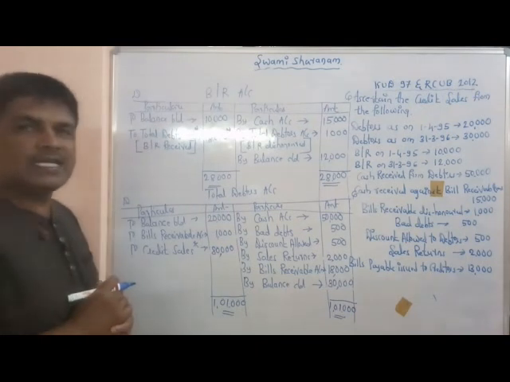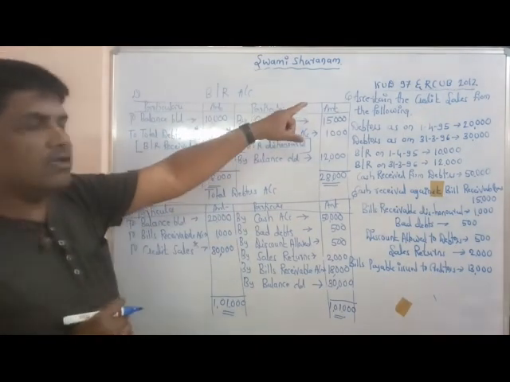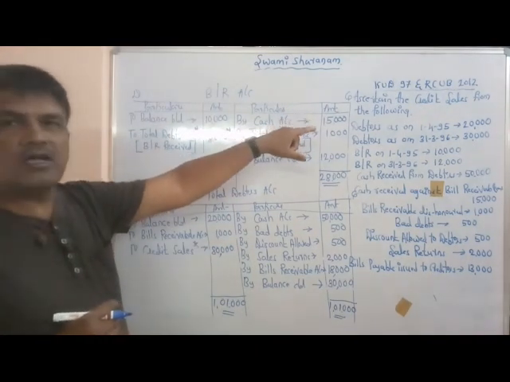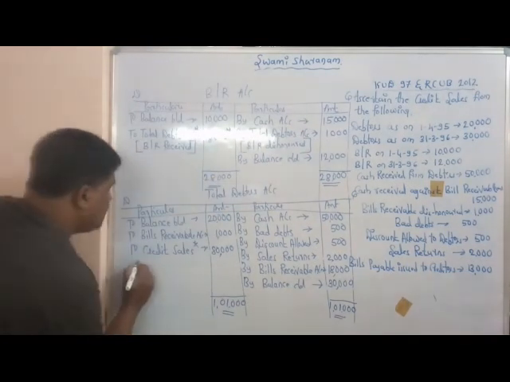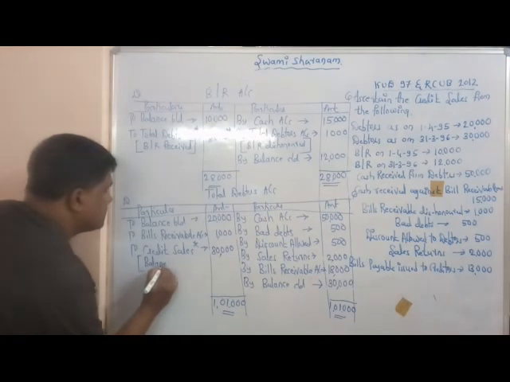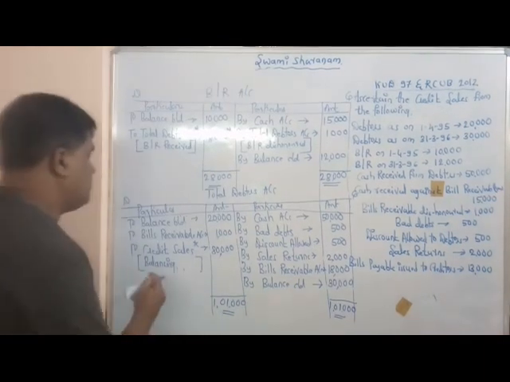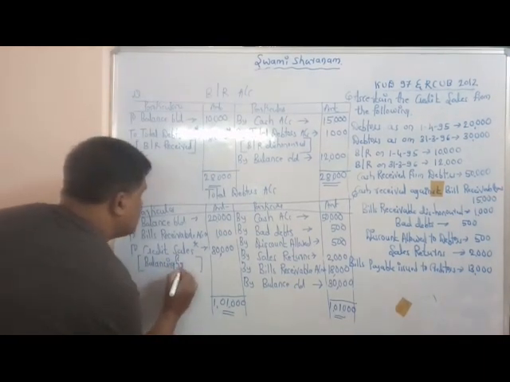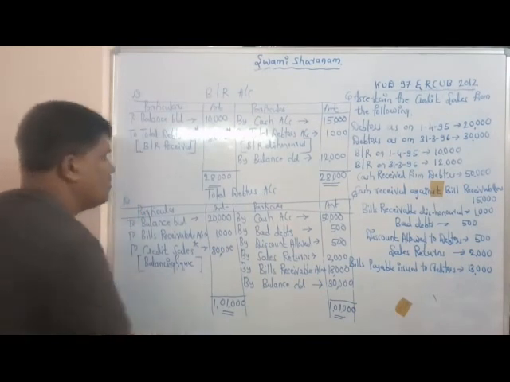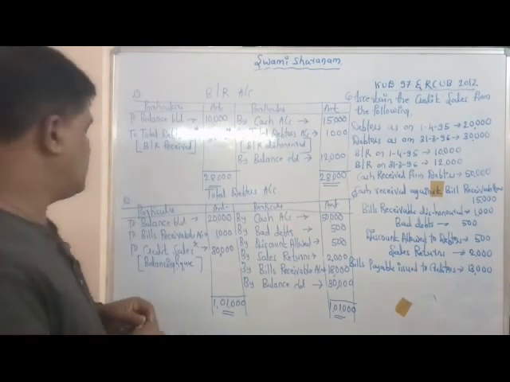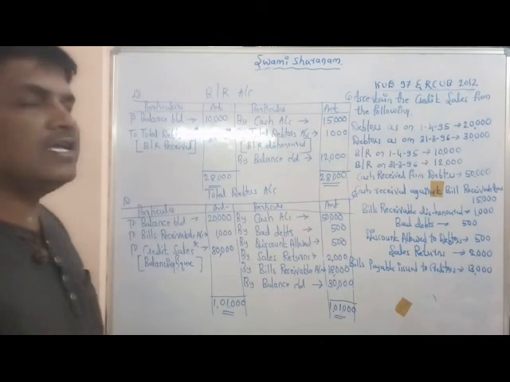This is the credit sales as asked in the question. You give it as the balancing figure. So whatever balancing figure comes, rupees 80,000, it is the credit sales.